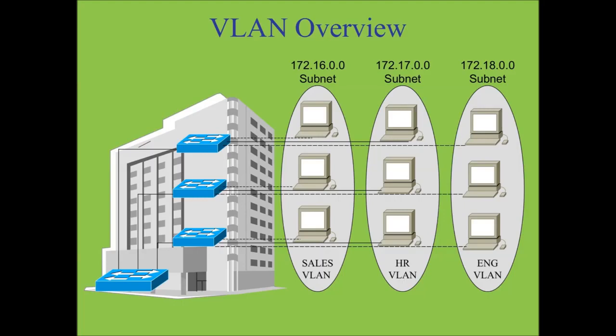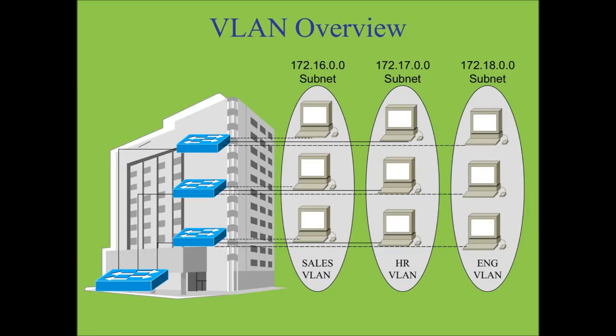If you hide the right side of this diagram, you can see just a single local area network across different floors of that building. But the right side is the logical division of that physical local area network.